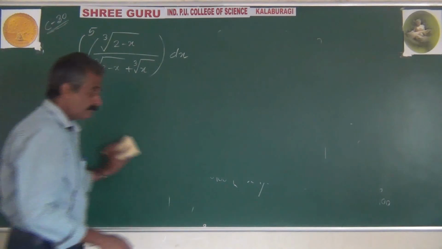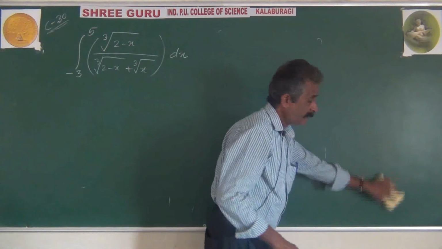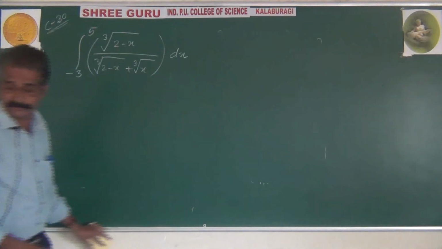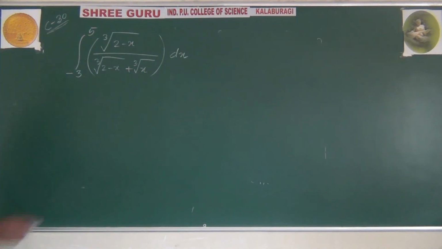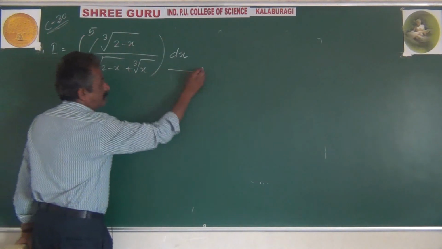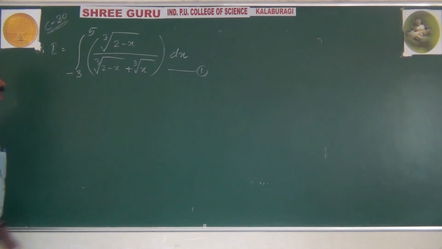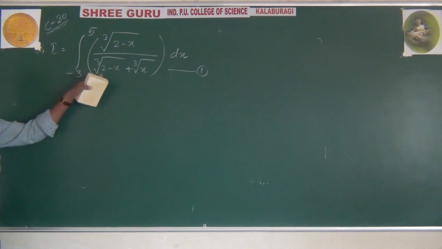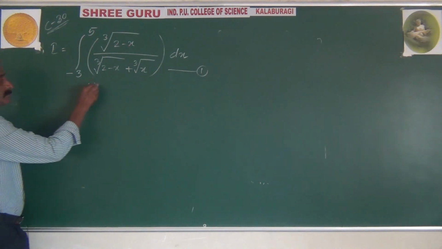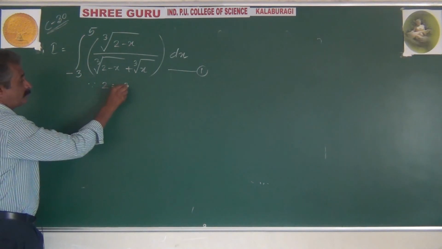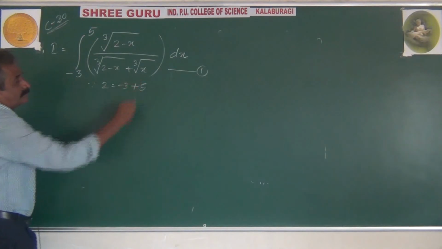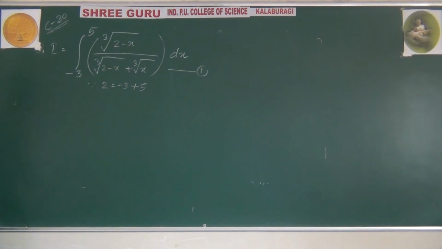It's the third problem under problem number 5, problems working. Start with I, call it 1. And you observe 5 minus 3. What is 5 minus 3? 2. Since 2 equal to minus 3 plus 5, it is just like a plus b.